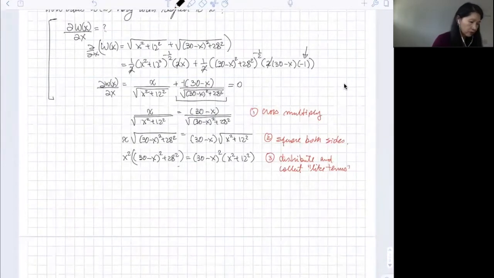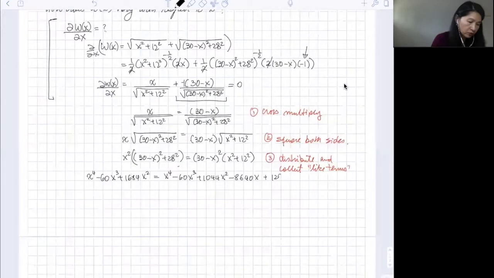Okay, so when we do that, we get x to the fourth power minus 30 x to the third power plus 1,684 x squared, and this equals x to the fourth power minus 60 x to the third power plus 1044 x squared minus 8,640x plus 129,600. Okay, these are really big numbers.